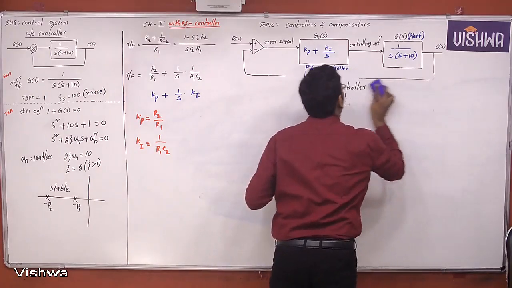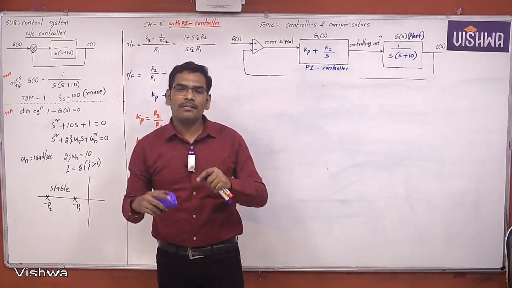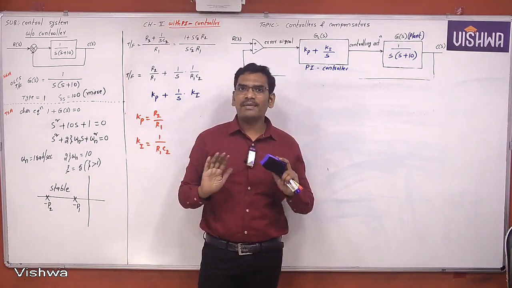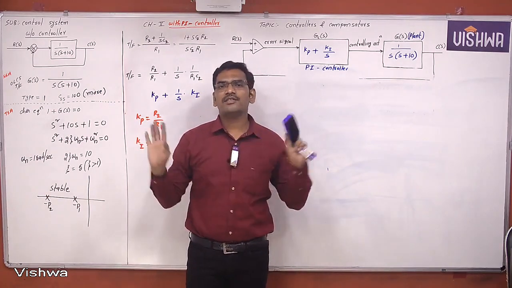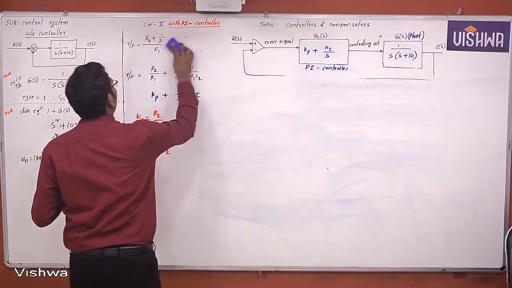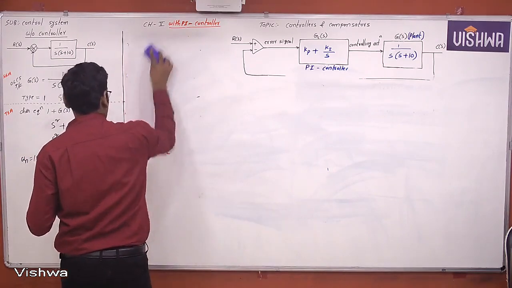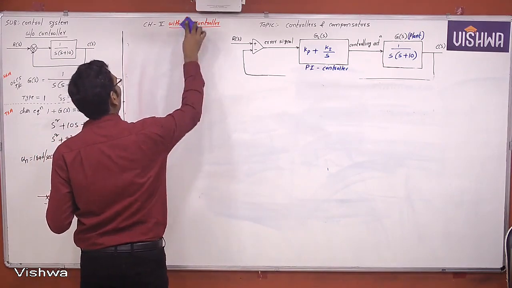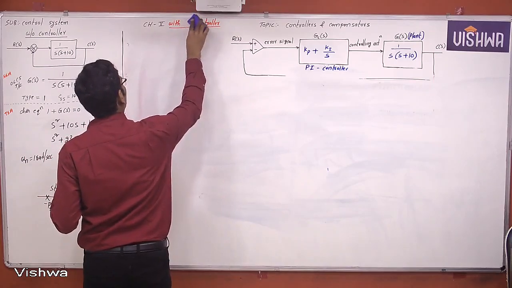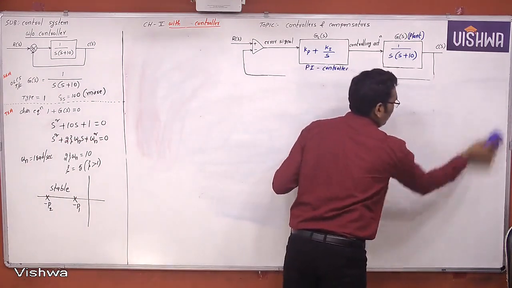If you take after the combination, it will not give the complete advantage, only one advantage, no other disadvantage. Now I want to improve both stability as well as error analysis. So there is only one option for us. We want to club all the controllers we have so far.